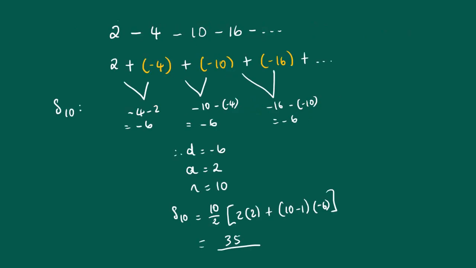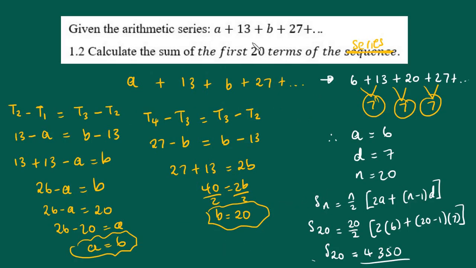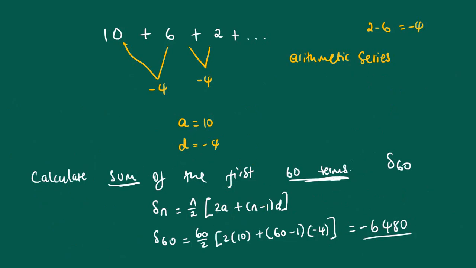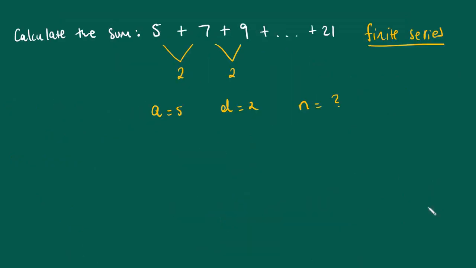In the previous questions, remember, I always gave you n by telling you that I need 20 terms, I need you to calculate the sum of 10 terms, 60 terms. But now the case is different here because you don't know how many terms there are, isn't it? So you don't know n.